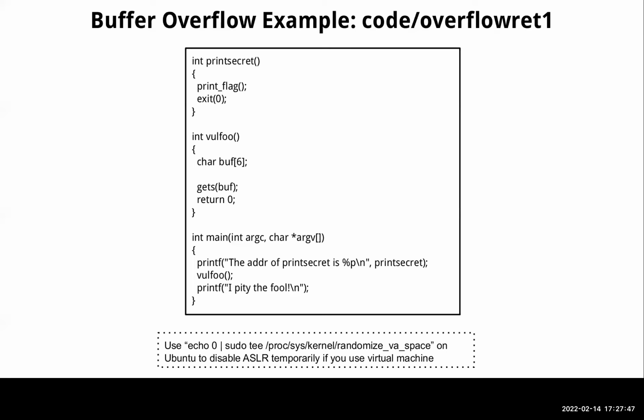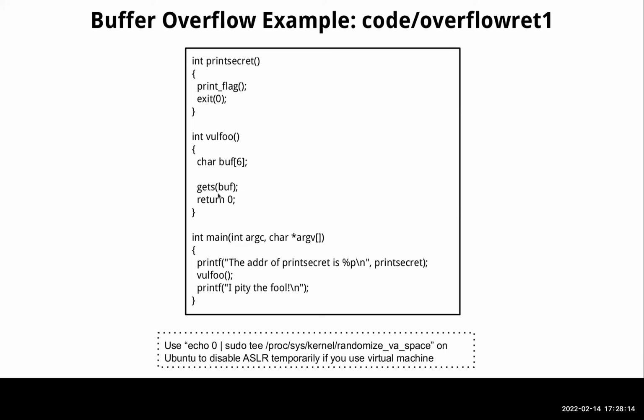The address between buffer and the saved EBP is more than 6 bytes. The compiler may generate more bytes there, to reserve more bytes to make things faster, for better alignment, those reasons. Then val foo will call the get function. The get function will take input from stdin, standard input, not the command line.